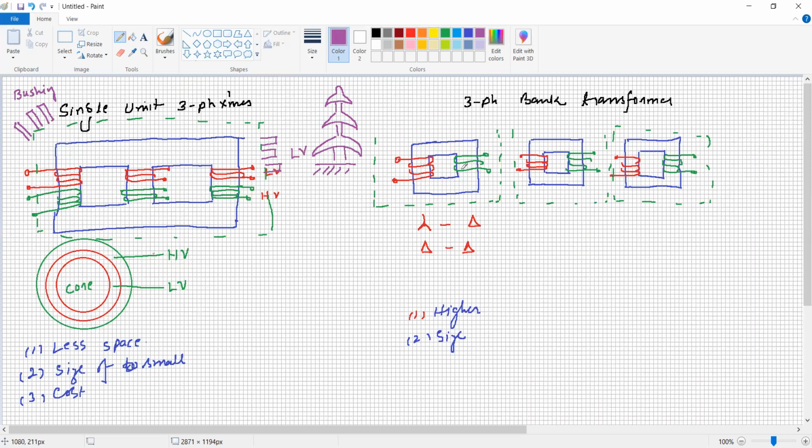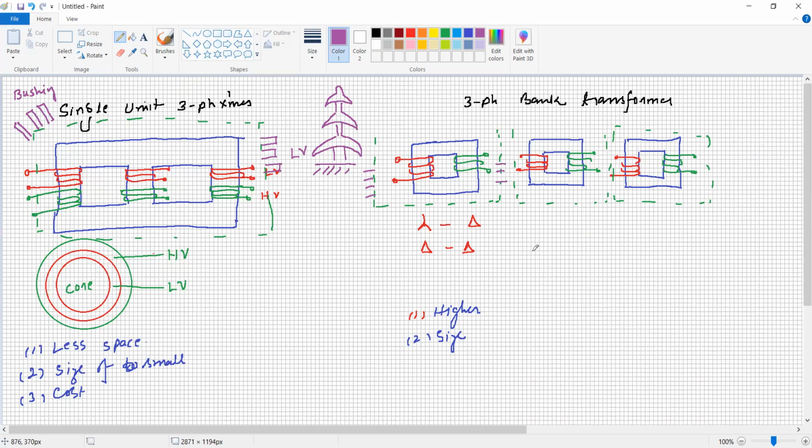Whereas for the 3-phase bank transformer, 3 connections are there for the LV side and 3 connections for the HV side, for each unit. So 6 and 6, 18 connections are there, and it becomes difficult to connect. There may be some mismatch, or there is a large chance of breakdown, and from the maintenance point of view it becomes very difficult.